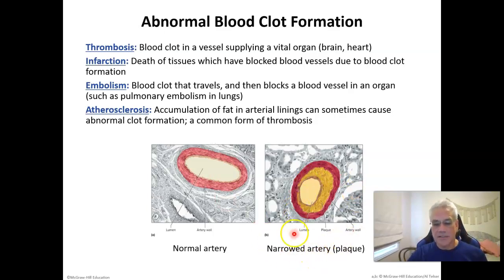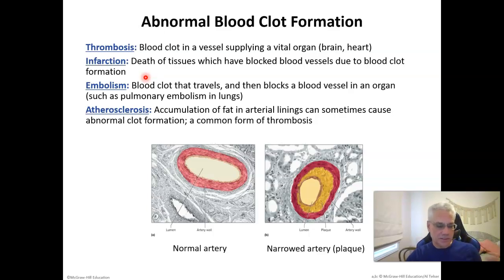Here we have an example of a narrowed artery where we get a plaque, usually made of cholesterol and other biochemicals. It starts to build up underneath the endothelial lining, and it begins to make that lumen much smaller. And that makes it much more likely that a thrombus could form there. If that thrombus or embolus stops the flow of blood to certain tissues past the blockage point, that's called an infarction.